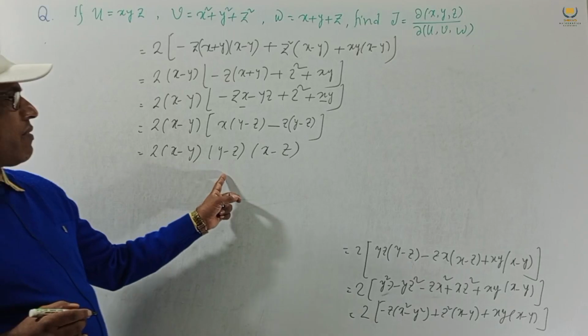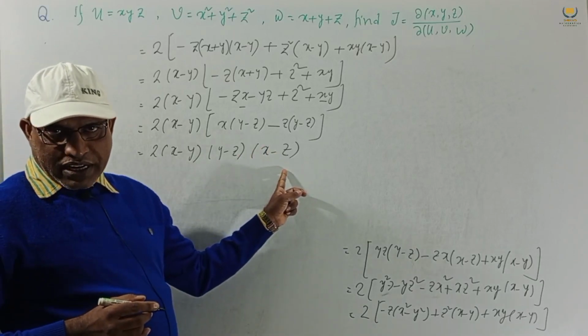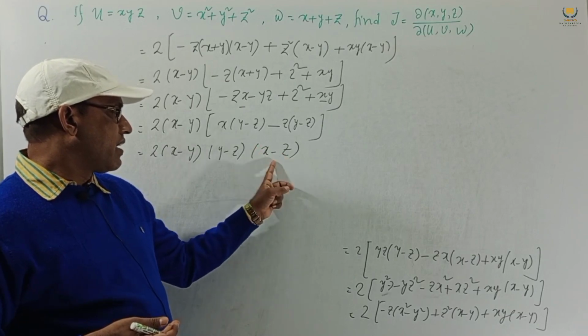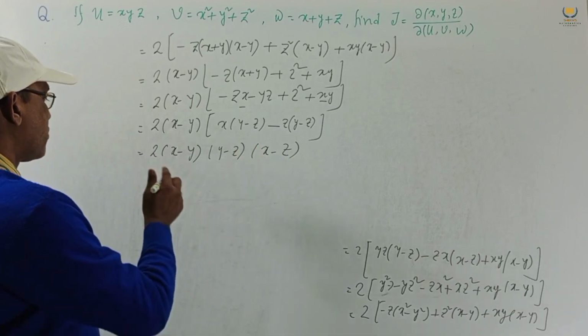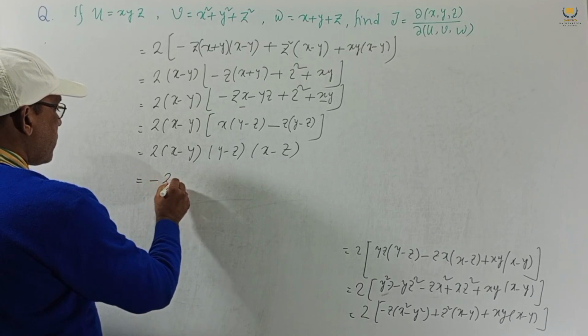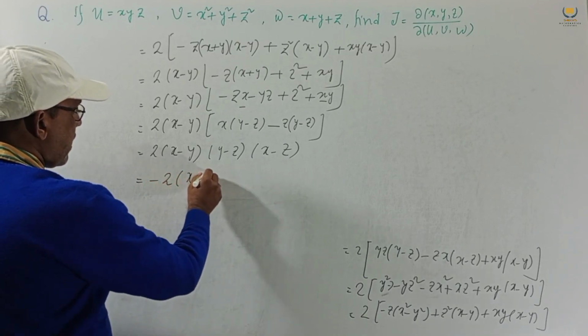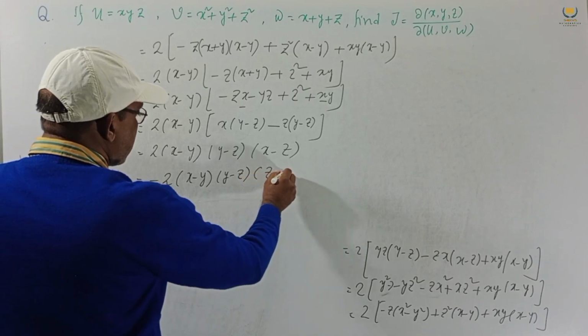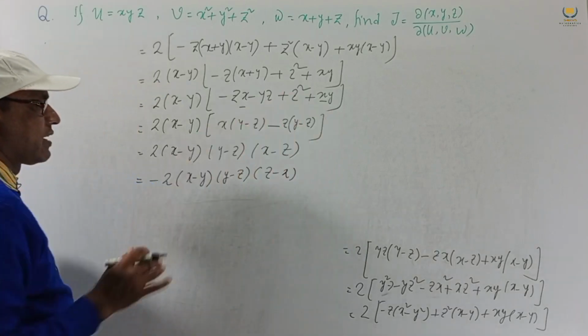Actually this should be z minus x in cyclic order, x minus y, y minus z, z minus x, but here we get x minus z, so taking the minus sign common, we get x minus y, y minus z, z minus x, this is in cyclic order.